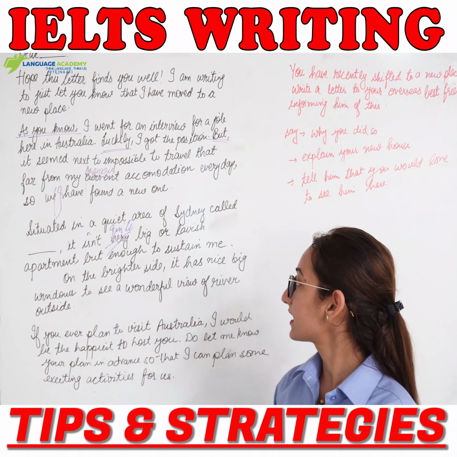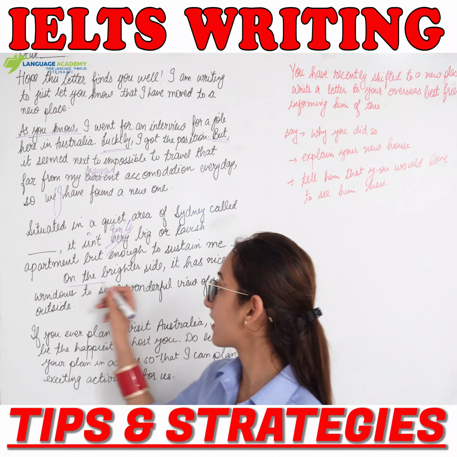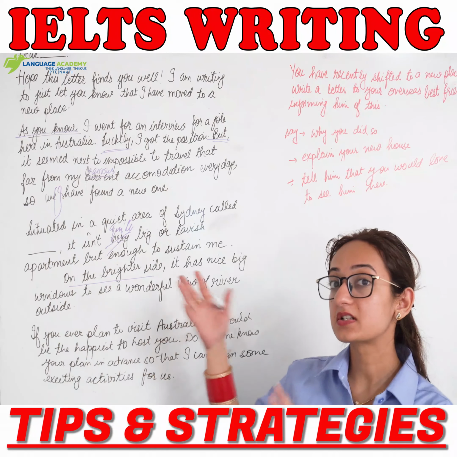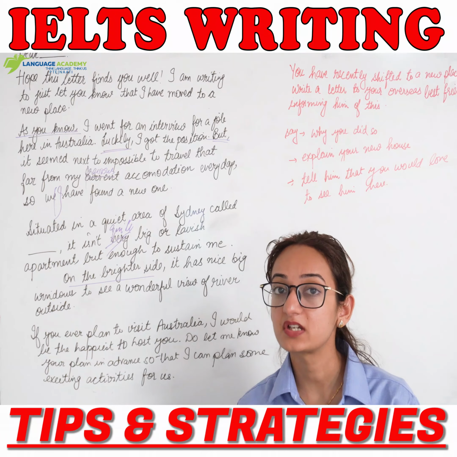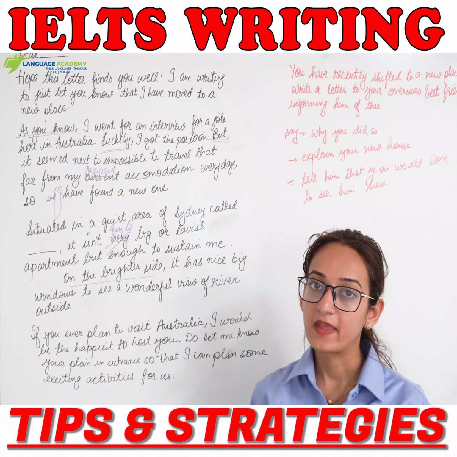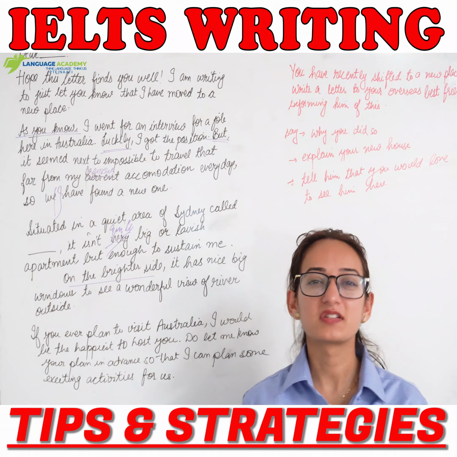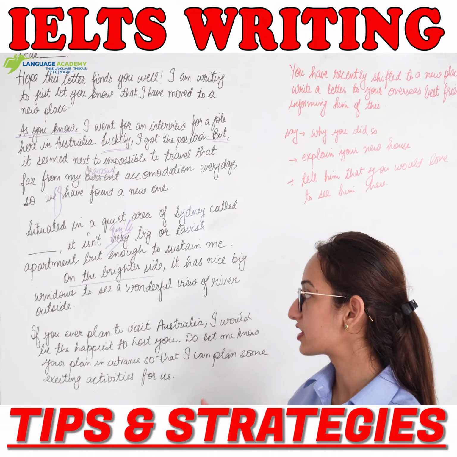On the brighter side, it has nice big windows. Now again, on the brighter side, because firstly you mentioned something negative, so now you're moving on to something positive. There is a contrast, so it's always good to use a connector. We cannot say in contrast, because that won't be very informal here according to the type of information that we are putting.